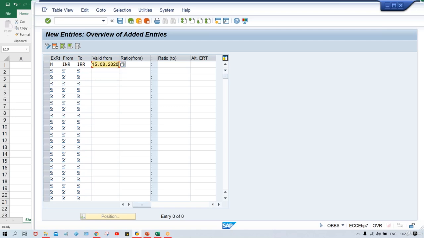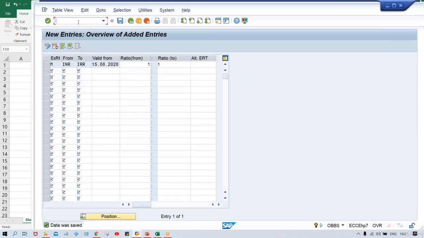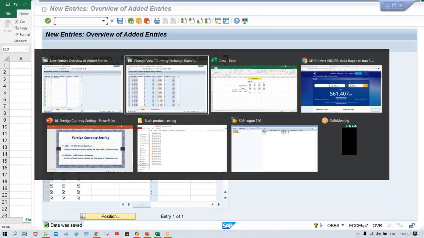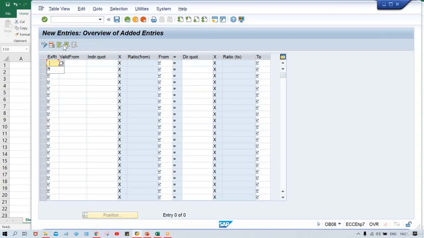And for validity I'm going to give today's date itself, 1:1. Save it. Then copy this one, or click on new entry, and here you can give the date. Now here INR and here IRR.